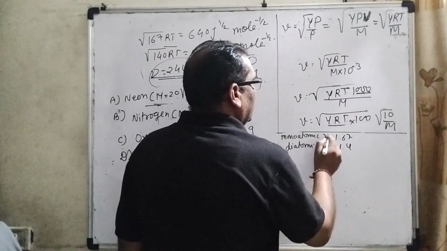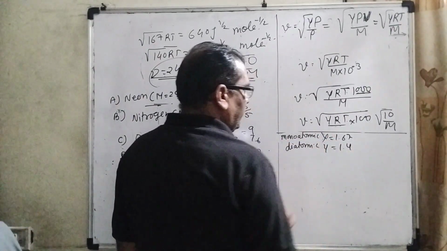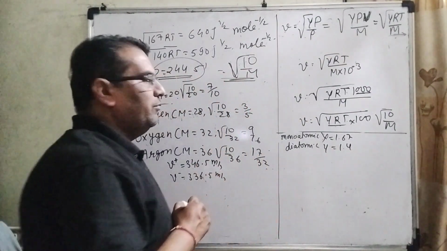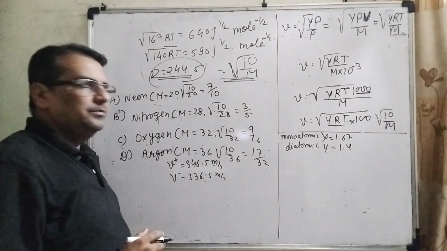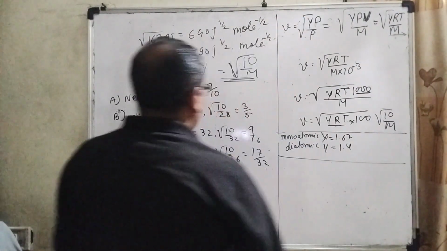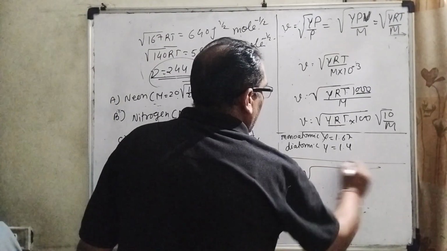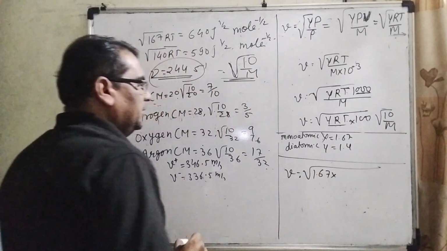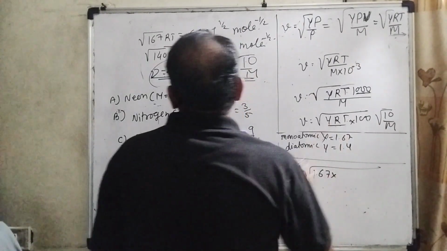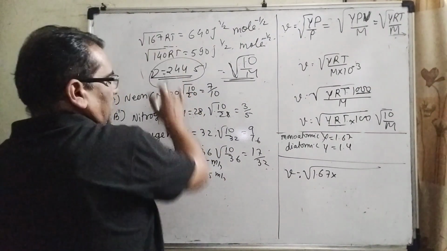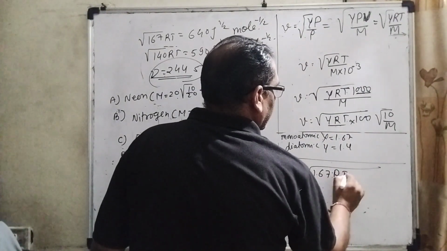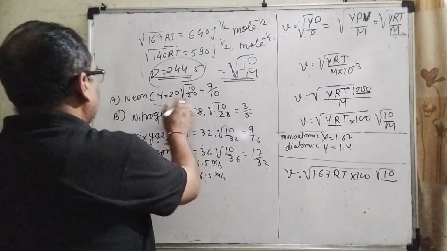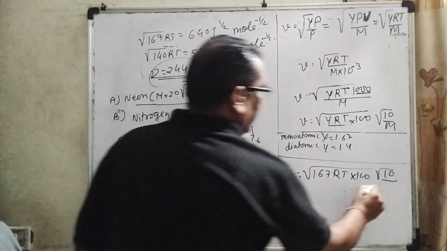For gamma, the value for a monoatomic gas is 1.67 and for a diatomic gas gamma is 1.4. Now substitute one by one according to the information. For monoatomic, gamma is 1.67, so 167 RT, and the other part is RT into 100 root 10 by m. For the gas neon, we have taken M as 20.